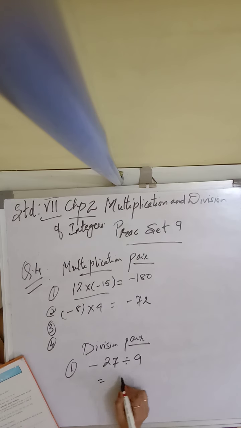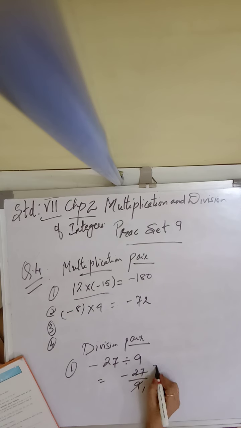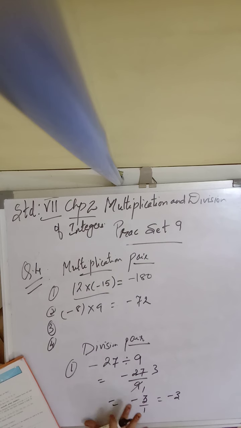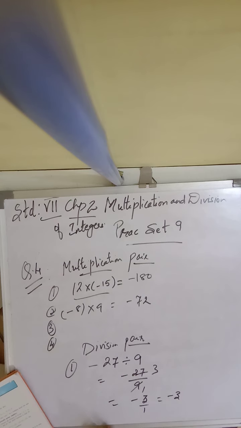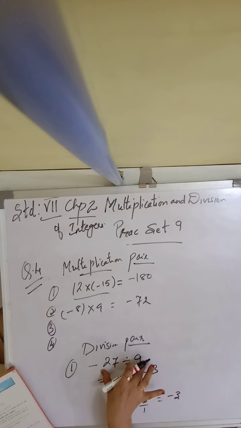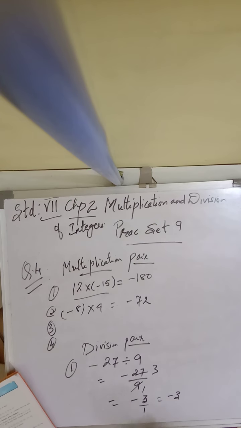You can solve this, minus 27 upon 9, 9 threes are 27, so the answer is minus 3 upon 1, that is equal to minus 3. Clear children? So you will make division pairs. How many pairs do we want? 4 pairs. One I have already done. You can copy down this, and then you are going to make and solve similar pairs. Means the question also you will frame and the solution also you have to do in your classwork book.